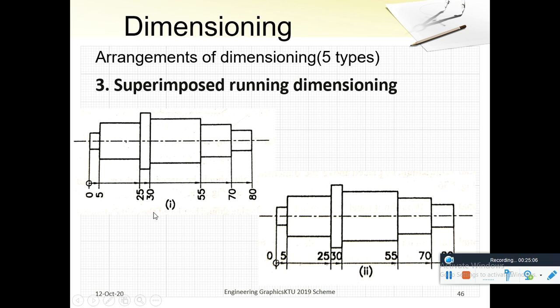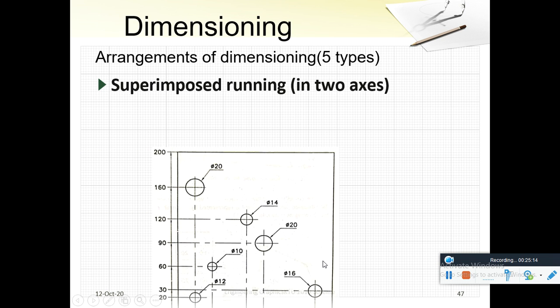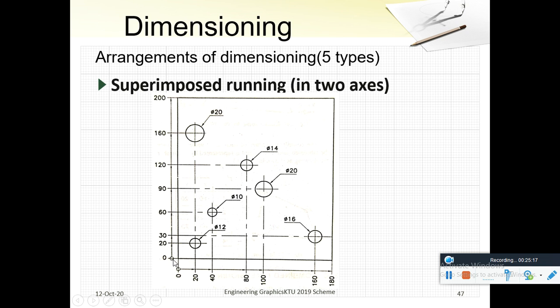Either it can be read from the right hand side or from the bottom of the drawing. Superimposed running: here the origin is indicated and the dimension is marked in the x direction.